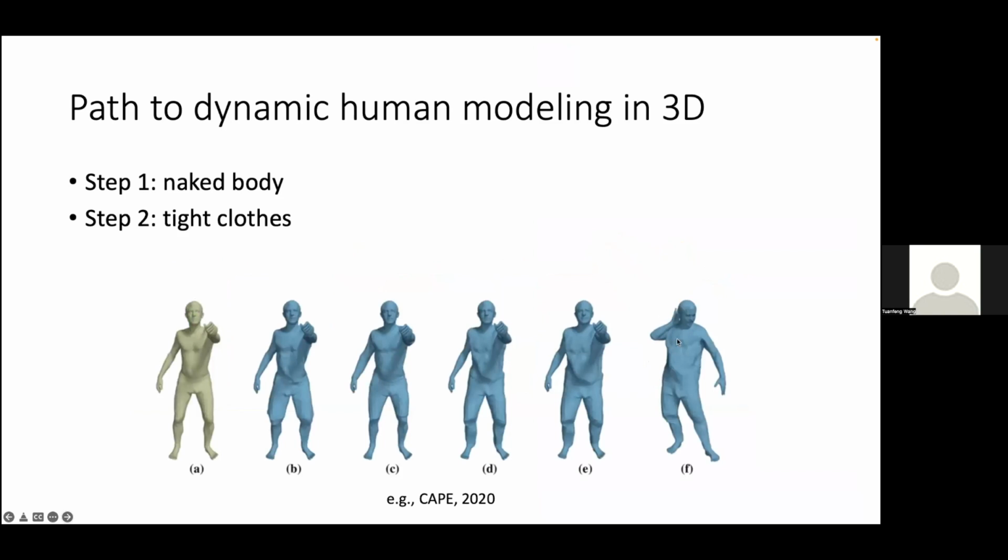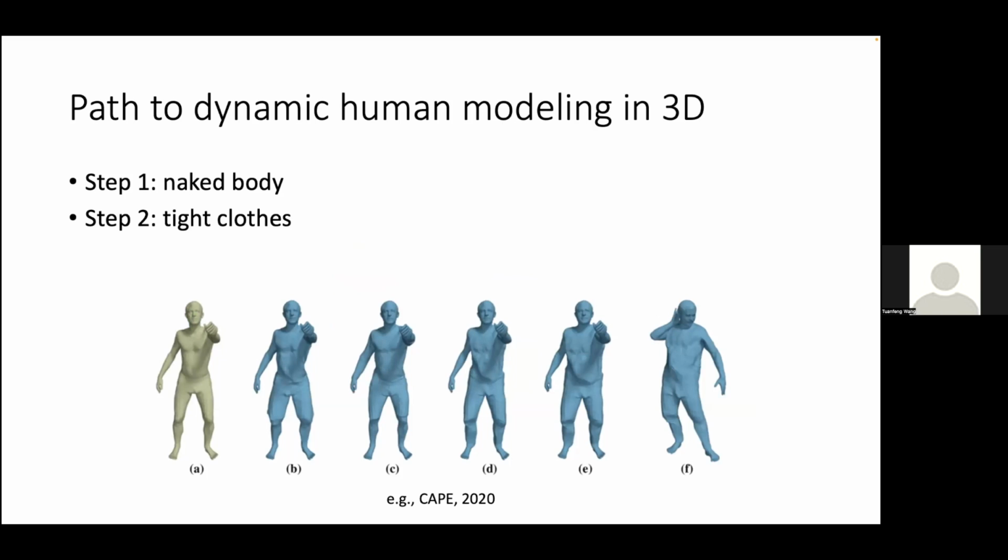Later on, we extended the approach to include some tight clothes. In CAPE, we use a one-hot vector to categorize the information about the cloth, the type of cloth, the shape of cloth, the tightness, things like that. With these parameters, you can model the human with tight clothes.